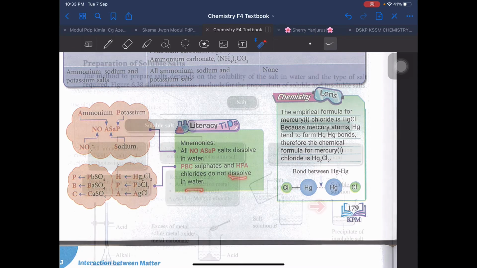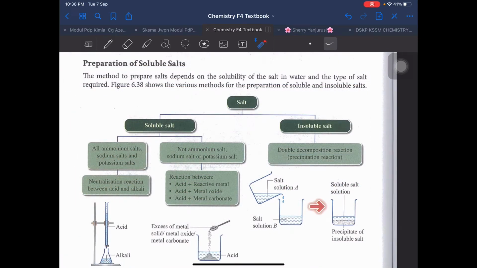Okay, so now that you know there are two types of salts, soluble and insoluble salts, you need to know macam mana mau sediakan. Macam mana mau sediakan garam yang larut dan tak larut. The method to prepare salts depends on the solubility of the salt in water and the type of salt required. So, bergantung kepada jenis, sama ada dia larut ataupun tidak larut.